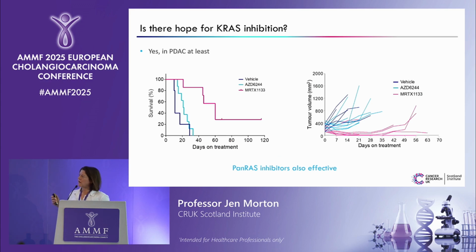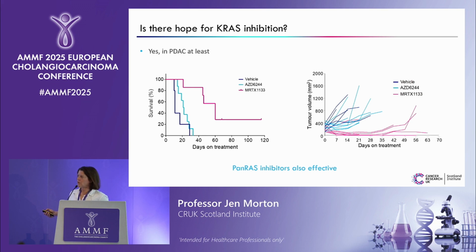So obviously the next question that we want to ask, and we haven't done it yet, is there hope for KRAS inhibition in these tumour types? I can show you some pancreatic data which says, yes, there probably is, because these mice are impossible to cure, and we're getting really extended survivals with the KRAS inhibitors.